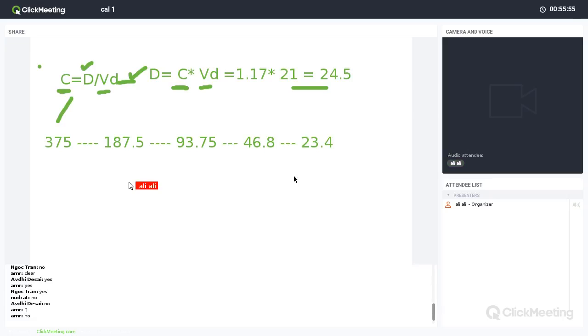So here it will be 23.4. The periods here are 2 hours, 2 hours, 2 hours, 2 hours, a total of 8 hours. This dose, sorry, this is the amount in the body.